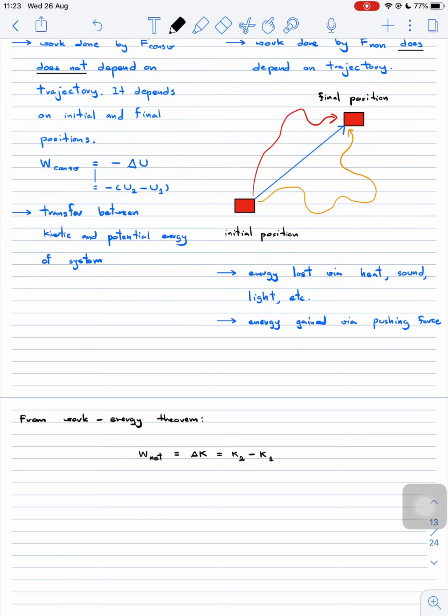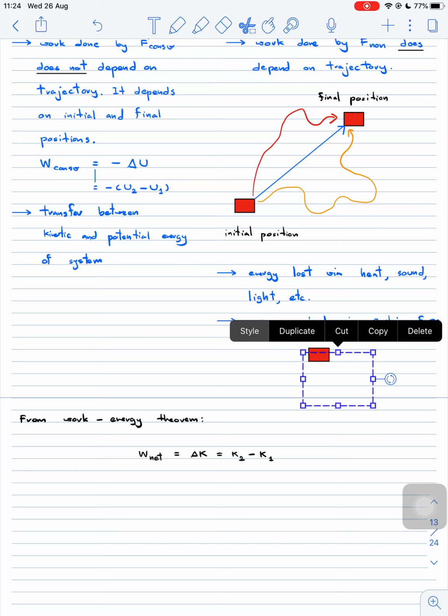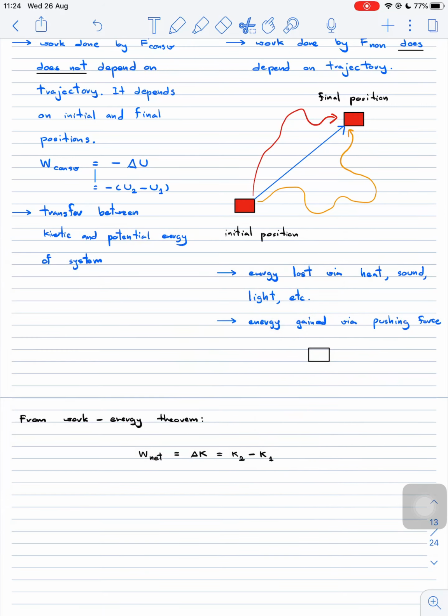So if you have an object on the floor, and you try to push the object with some force, then you can see that by the pushing force the object will gain some energy.